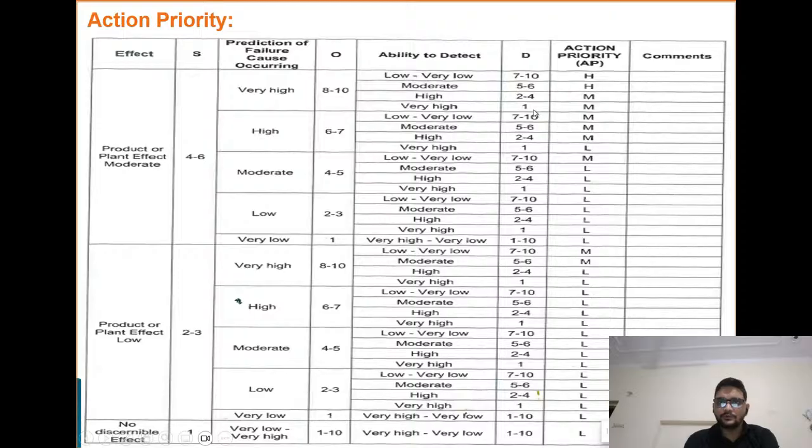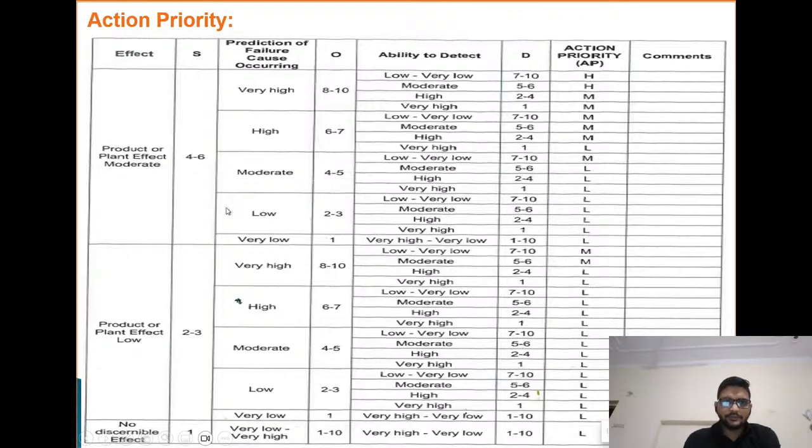Now severity 4 to 6 and occurrence is 6 to 7: detection 2 to 10 is medium. Severity 4 to 6 and occurrence is 4 to 5: detection 7 to 10 is medium, and 5 to 6 is low, 2 to 4 is low, 1 is low also, meaning 1 to 6 is low.